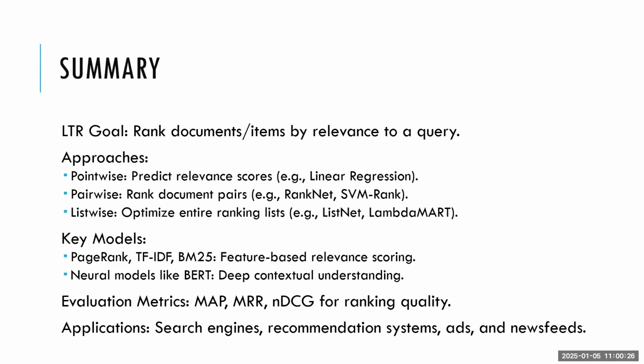And then we have the key components. For feature extraction, you have PageRank, TF-IDF, or BM25. For evaluation metrics, you have MAP, MRR, and normalized discounted cumulative gain. And the applications would be search engines, recommendation systems, advertisement, and so on.